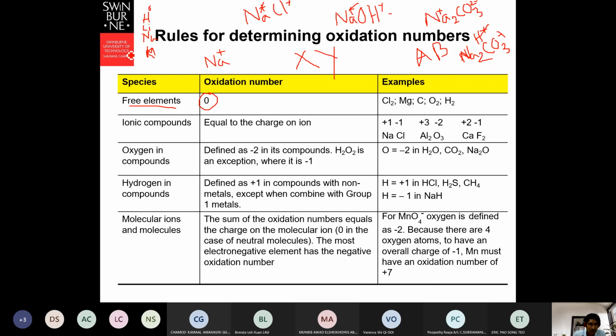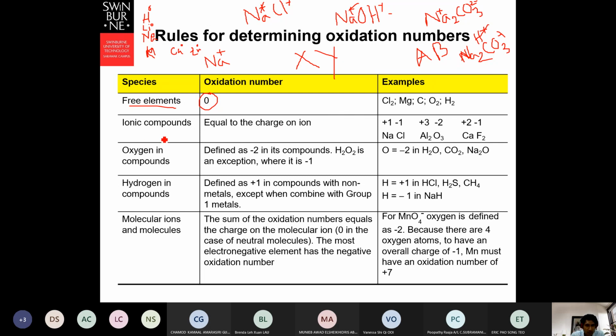So all of them are zero. There is no charge in the periodic table. Or calcium, magnesium, zinc, iron, anything. All are zero when they are in the periodic table. That means free elements are always zero. So in the periodic table, we see that it is zero in free elements.